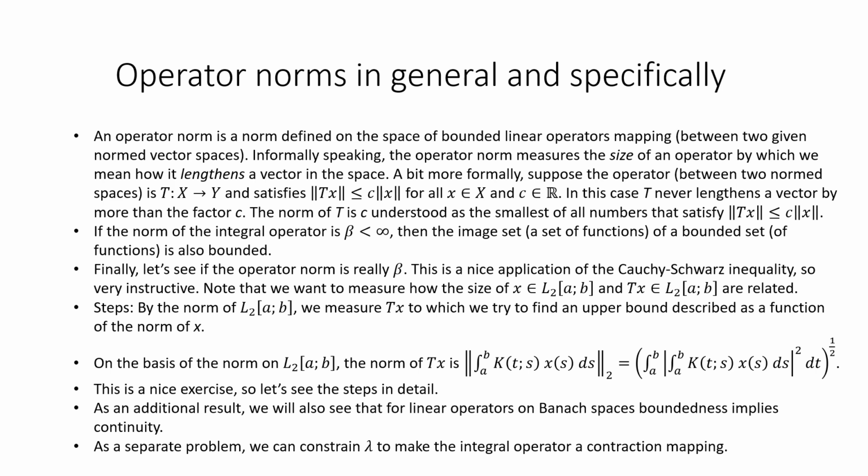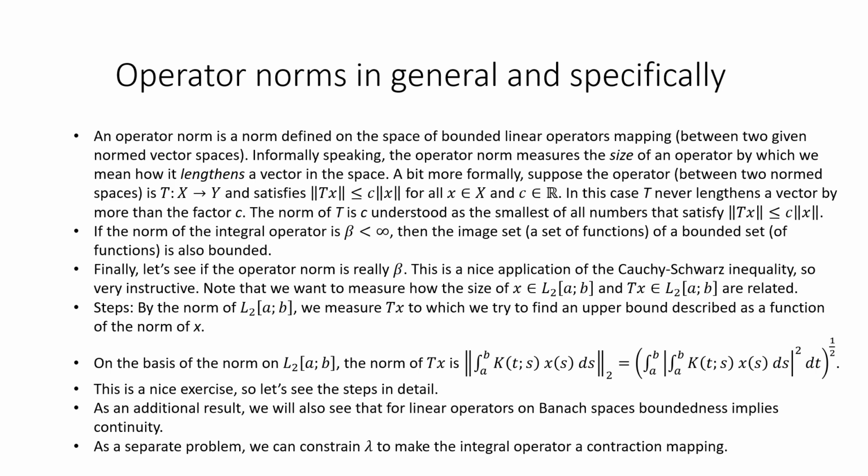First, let's be clear that the function x belongs to the same space as the function that we receive after the application of the operator. So we will move all along in the same vector space, function space L2, which is the space of square integrable functions.